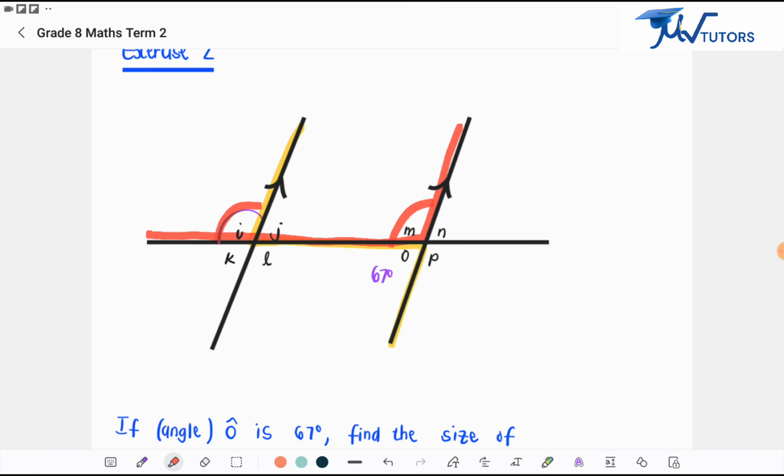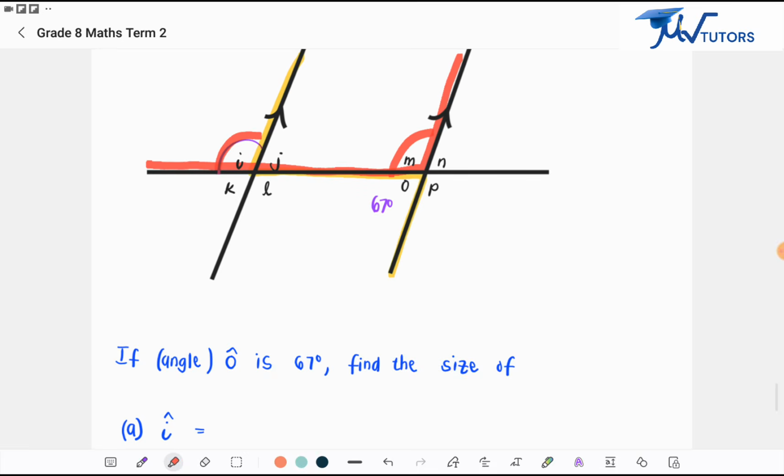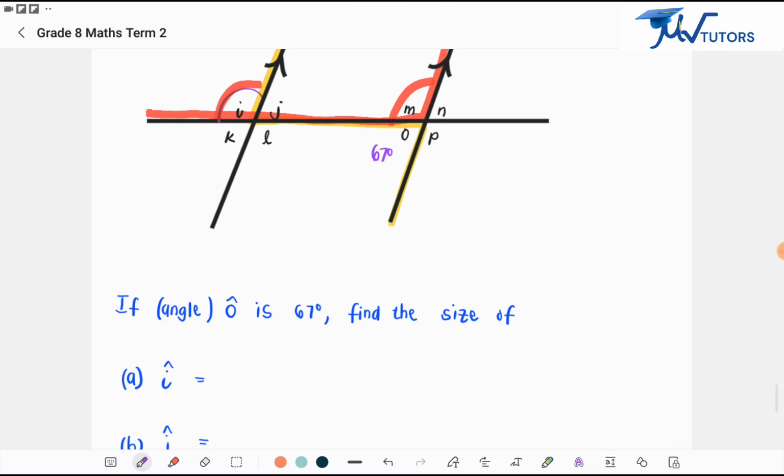So here I'm going to have to use a combination. All right, I can then say, let's look for angle M. We're looking at angle O and angle M, and I know those ones are on a straight line. So that's where we're going to start. Basically, M plus O, because angles on a straight line are supplementary, are equal to 180 degrees. If O is 67, then we have 180 minus 67 degrees.